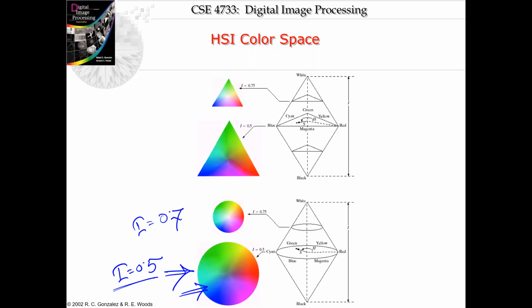It's a little bit higher, 0.75. That means whatever color you have here and whatever color you have here, the same color, the only difference is that this set of colors is brighter than the lower one. Yes or no? Yes, sir. Okay. Then how did the saturation change?